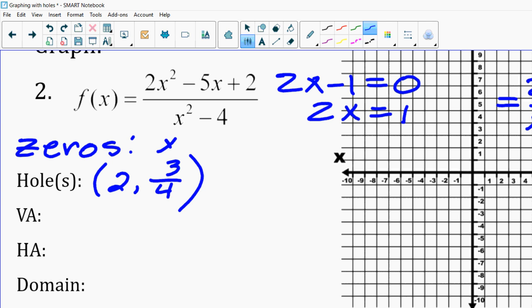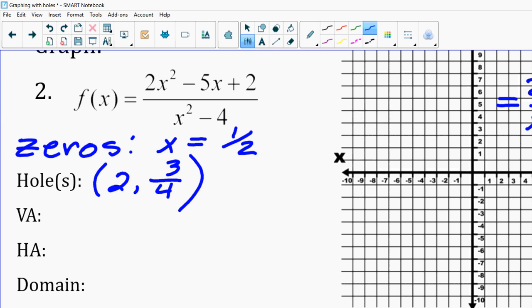So I have a 0 when x is half. Vertical asymptote happens when the denominator is 0. Is this denominator ever 0? When x is negative 2. So x equal negative 2.